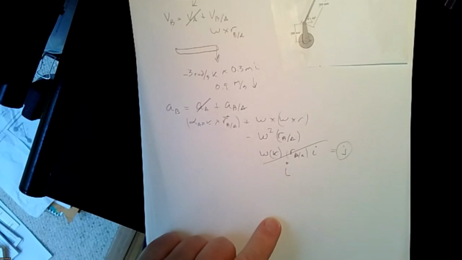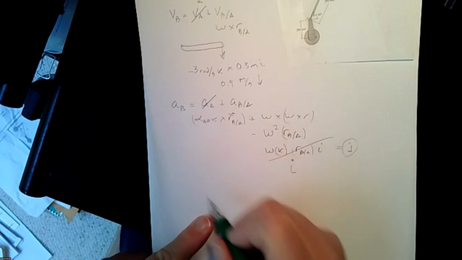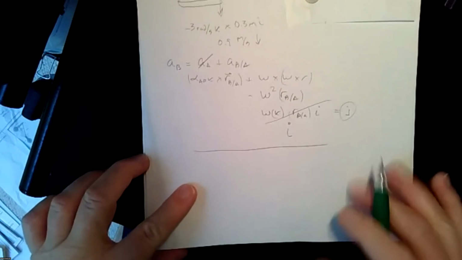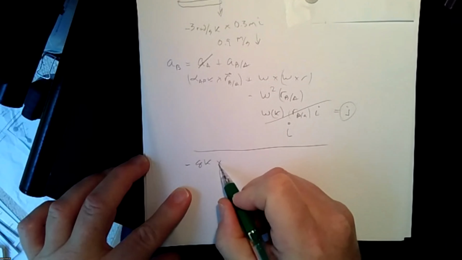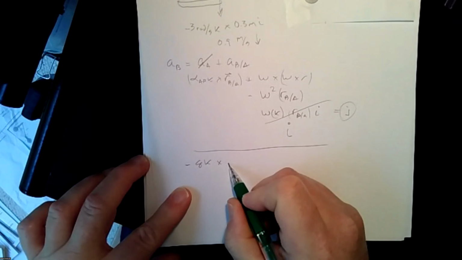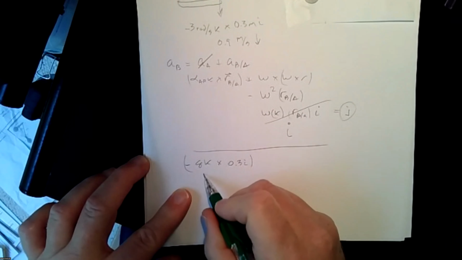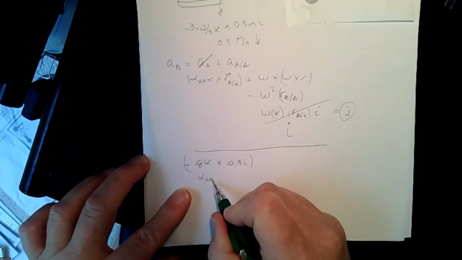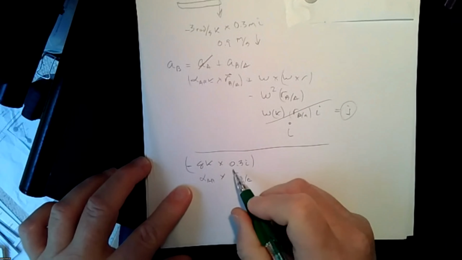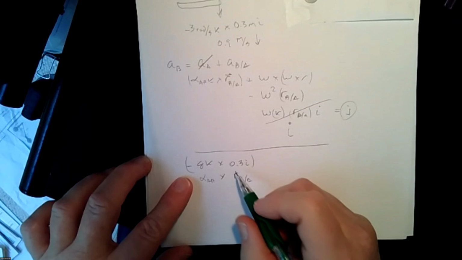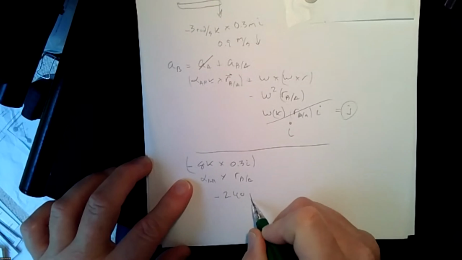And so your acceleration should really look like this. It should be negative 8K crossed with 0.3I. So that's really your alpha AB crossed with RB relative to A. That gives you a value of negative 2.40J.